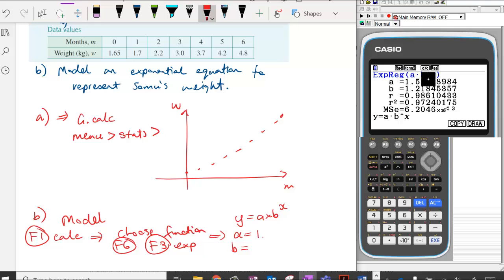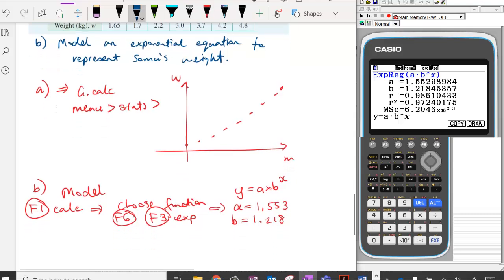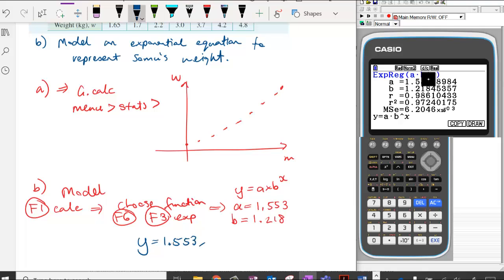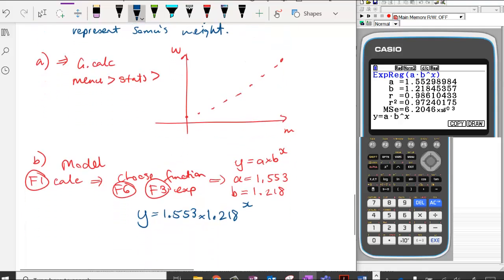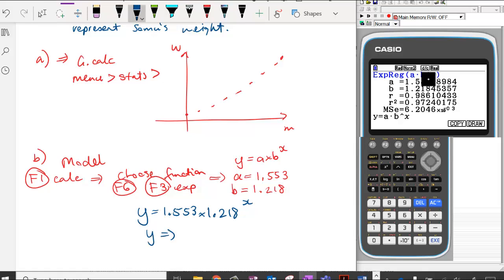So A is 1.553 and B is 1.218. So I can say that my model is y is equal to 1.553 multiplied by 1.218 to the power of x, where y is actually our w and x is actually m.